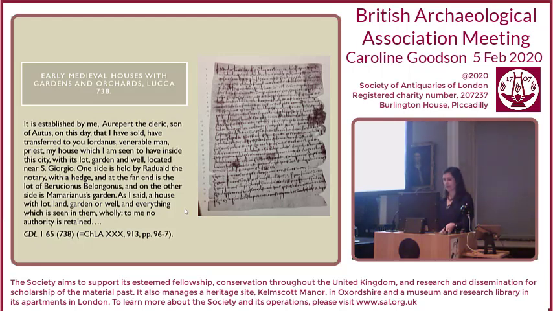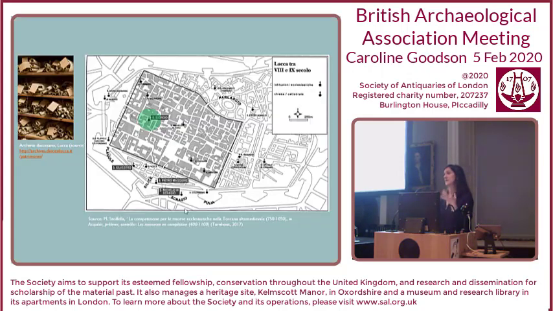And here I'm showing you a view into the archives in Lucca. We have such great documentation from Lucca because the Archiepiscopal Archive preserved these documents in the original in situ. And here's a map of Lucca, and here's the San Giorgio that we're talking about, and the garden that's in this document must be located somewhere right around here.